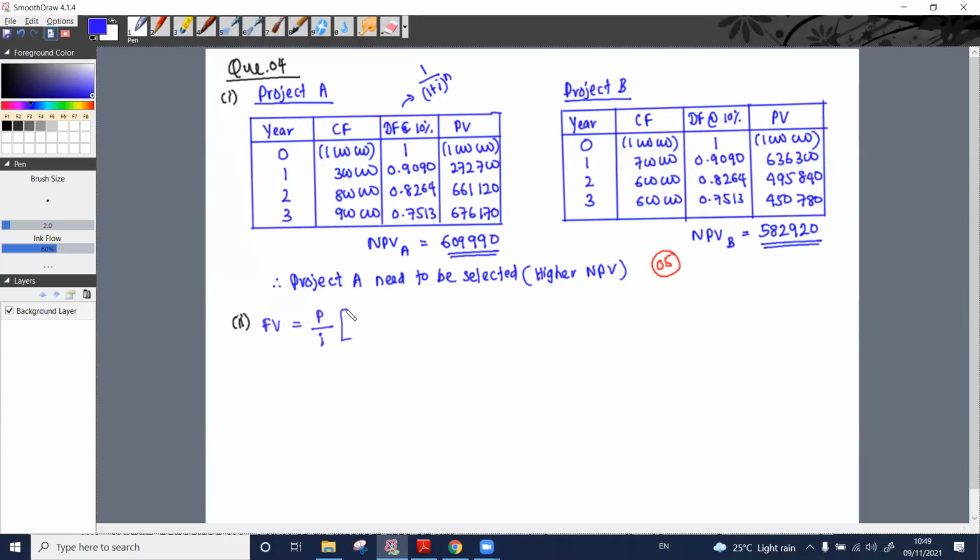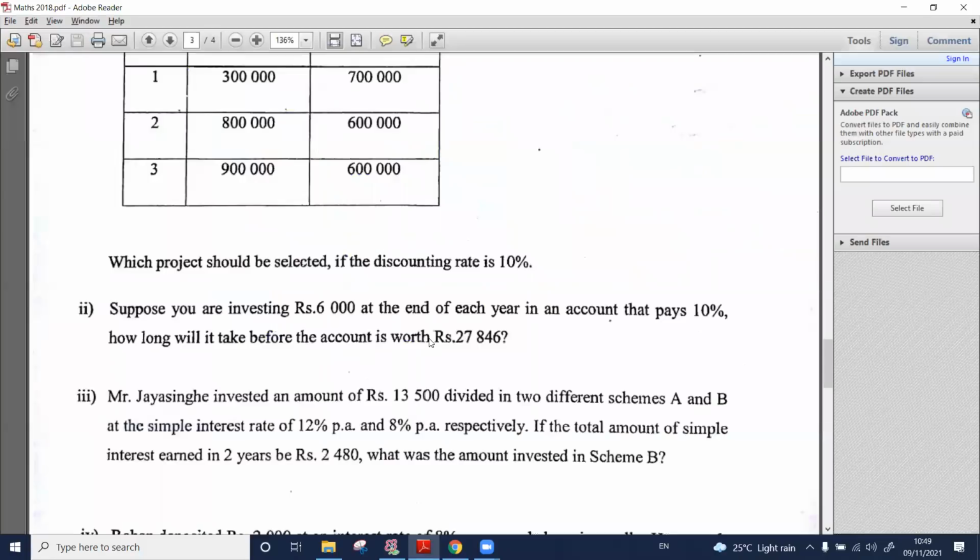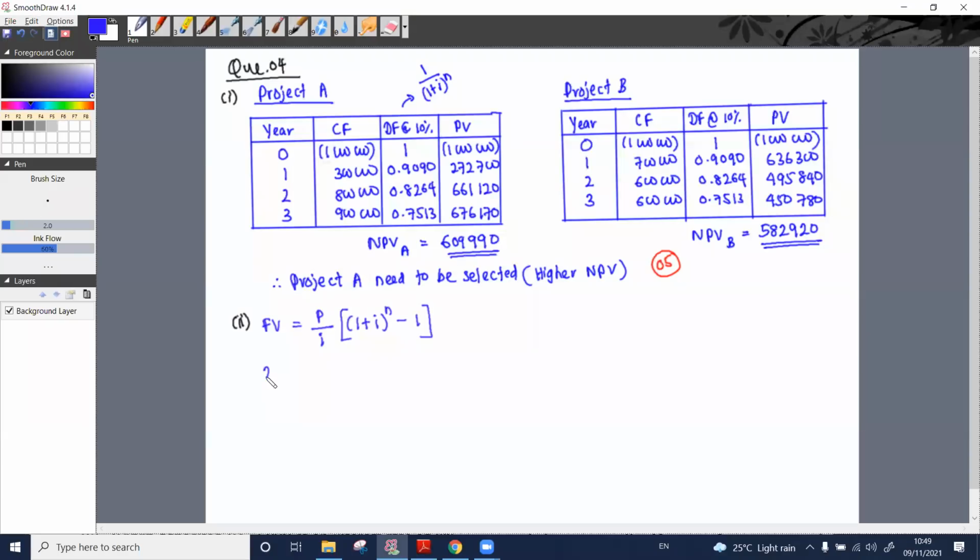So how can we find the future value? That is the periodical payment times 1 plus I to the power n minus 1, over I. The future value is given as 27,846.